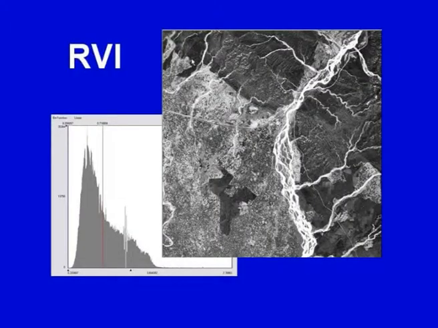Here, when we look at the RVI image, what we find is that the vegetation has been very uniquely identified into two information categories. One is a category which has a much darker tone, while the other has a mid gray tone.